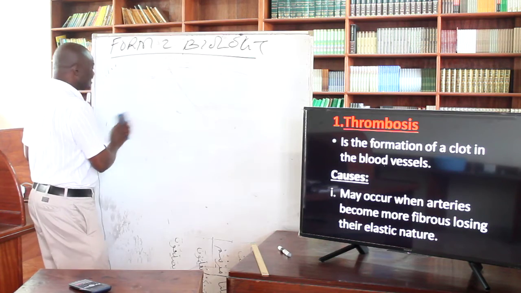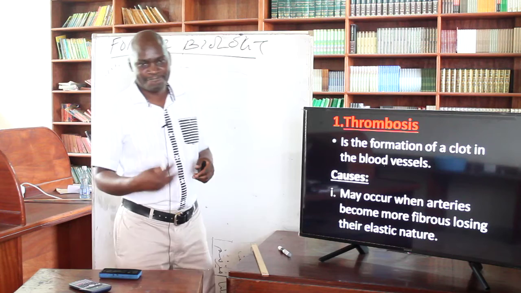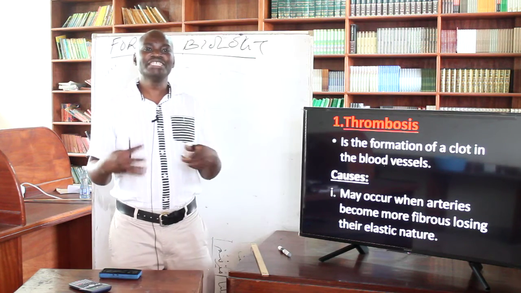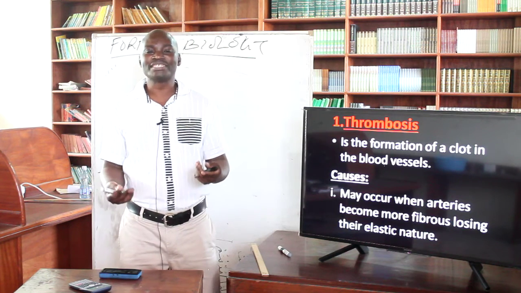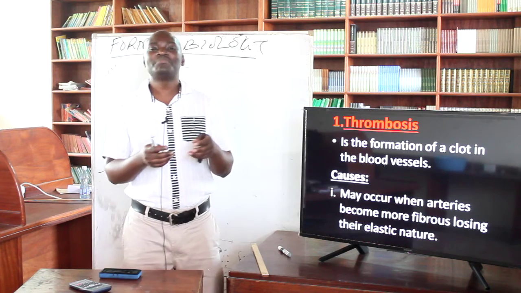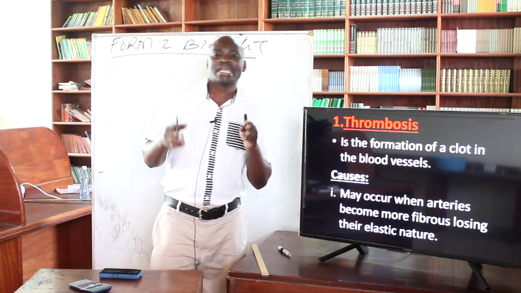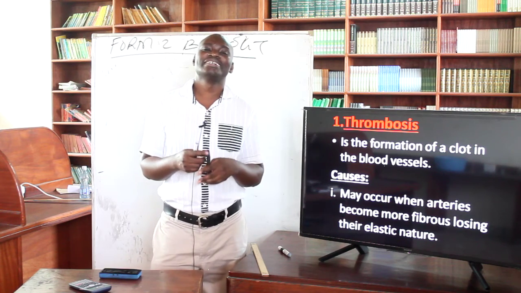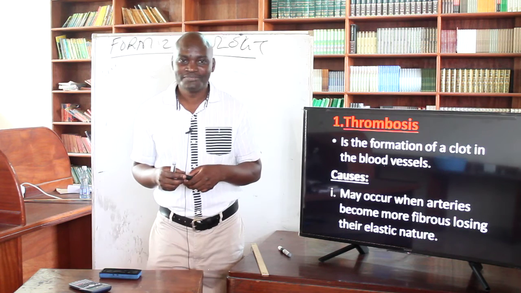They are not elastic and cannot stretch easily. When they cannot stretch easily, there is the possibility of rupture of the platelets that run through them. This may cause a clot within the blood vessels, resulting in thrombosis.